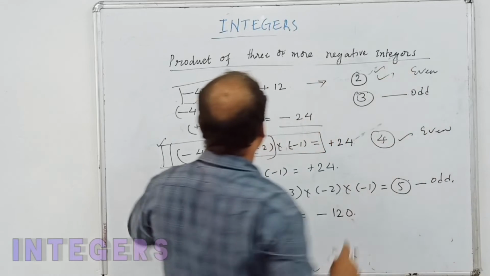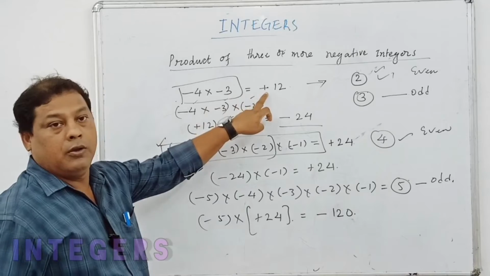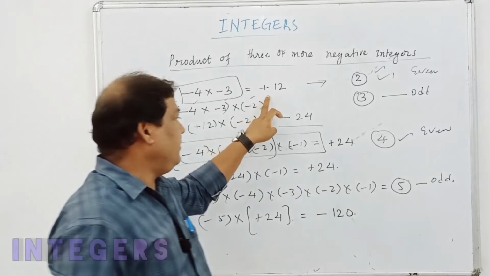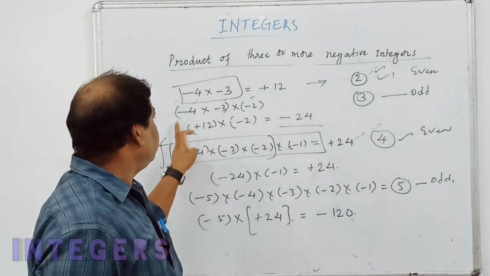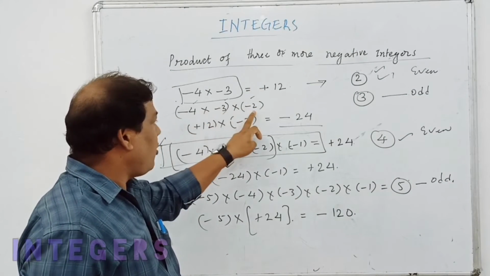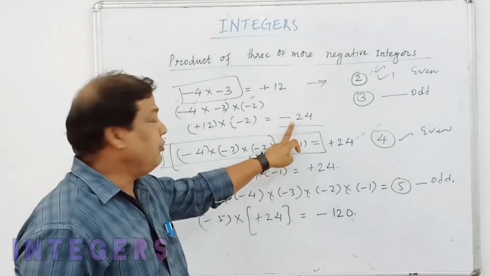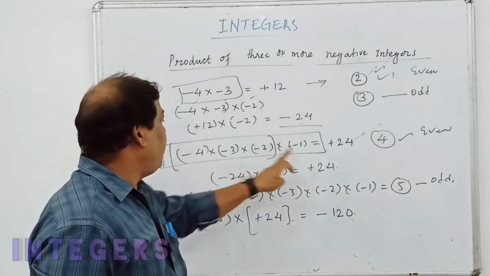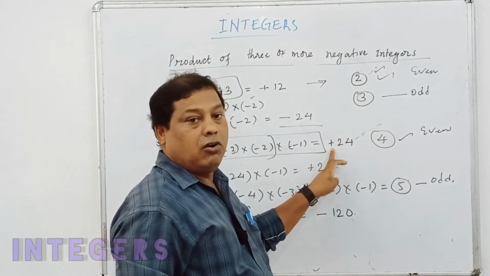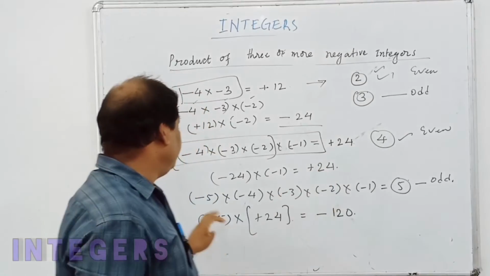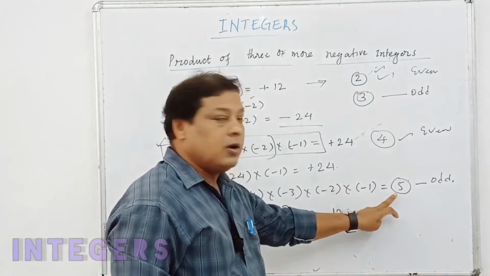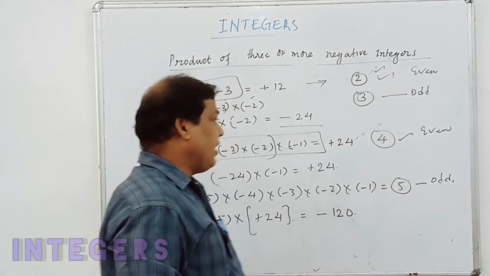With an even number of negative integers, we get a positive sign. With an odd number, we get a negative sign. Again, 1, 2, 3, 4 is even, so we get a positive sign, and in odd numbers we get a negative sign.